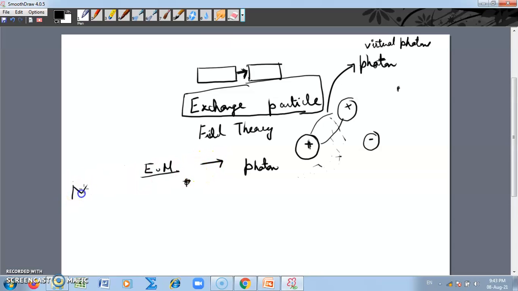Based on this electromagnetic field theory, there is a meson theory which was given by Yukawa, and perhaps I mentioned it to you in some of your earlier classes. According to Yukawa's meson theory, in the interaction between a proton and a neutron, or a proton and another proton, or a neutron and a neutron, these interactions also happen through exchange. And what particle is exchanged in this case? That particle is the pion.